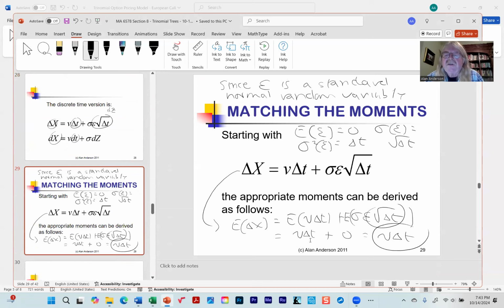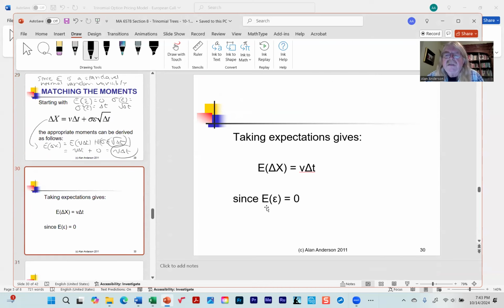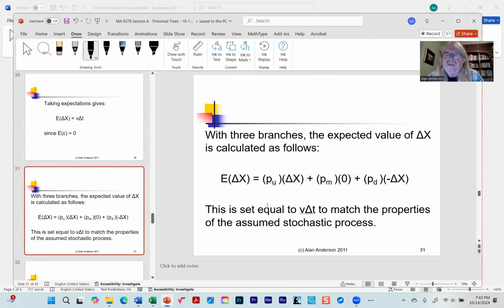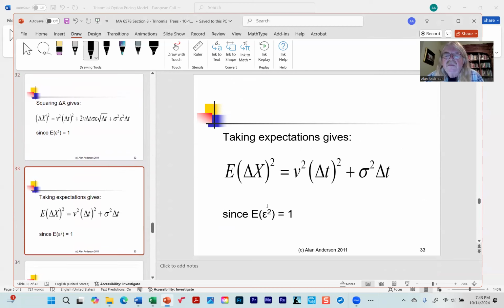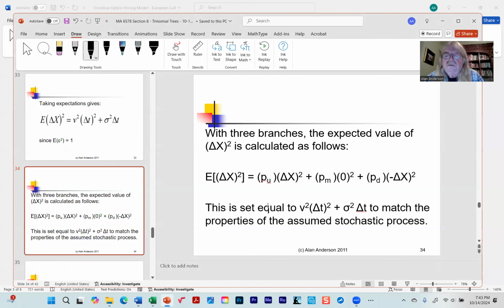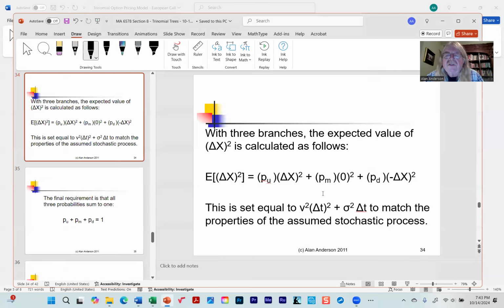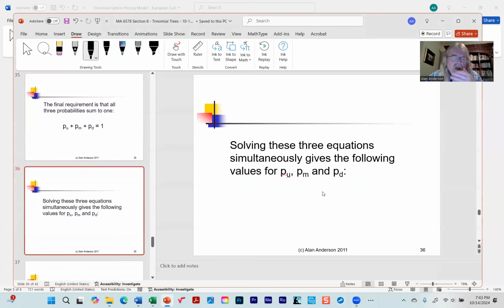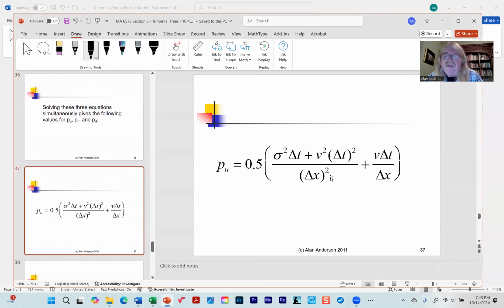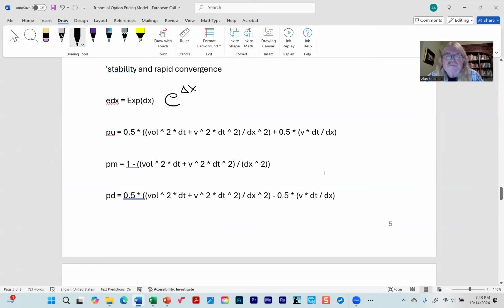That's right, the expected value has to be that. And the variance would be this, and then the standard deviation would be the square root of that. And then you have to add up to 1. So you can see it's just these three formulas.